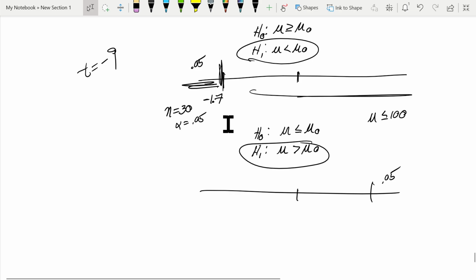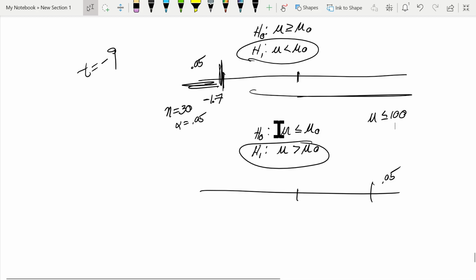If I get an answer back here, say it comes up 90, I'm back in here, and there is no chance that I could be up here. If this is my rejection region and I get less than my hypothesized value, there's no need to even check. It's out.